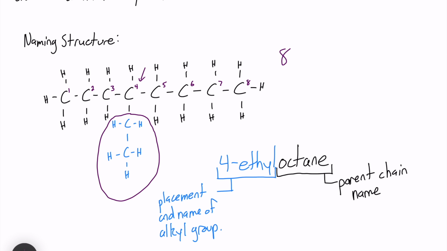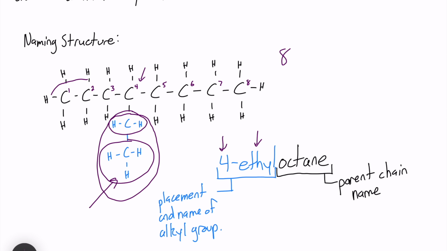How we're going to name this is we're going to start off with the number of the carbon that the substituent is attached to, and because we have a CH2 group and a CH3 group here, it is going to be an ethyl group.